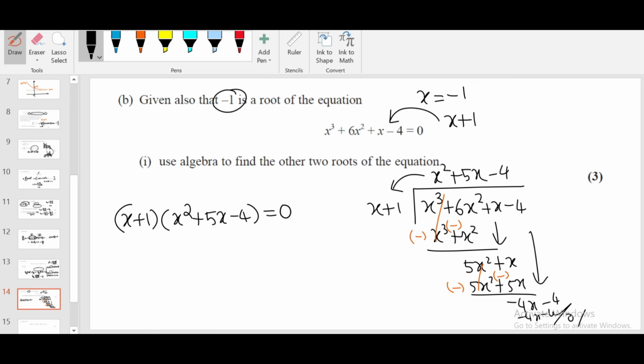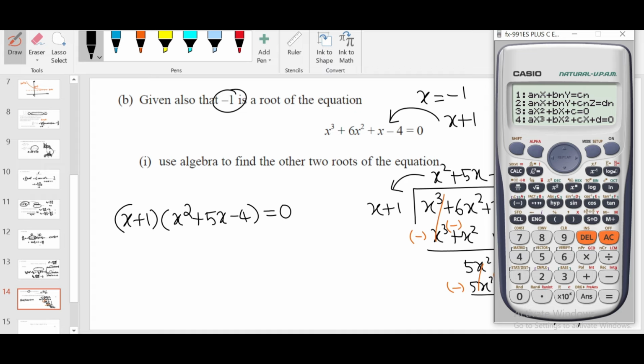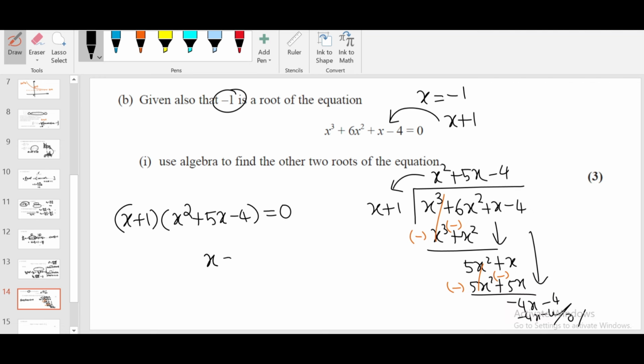I'm going to use my calculator to solve the quadratic. 1, 5, minus 4. Wow. Okay, they want you to find the other two roots. This is a positive number, the next one is a negative number. So x is equal to minus 5 plus or minus square root of 41 over 2.